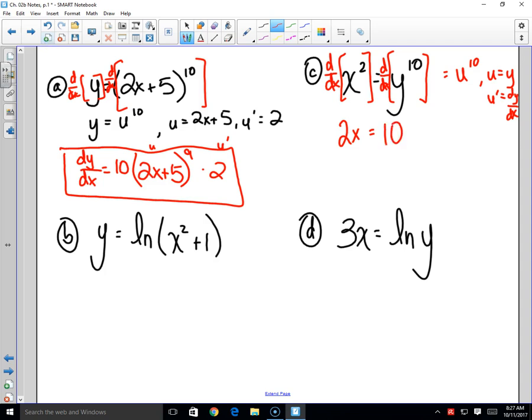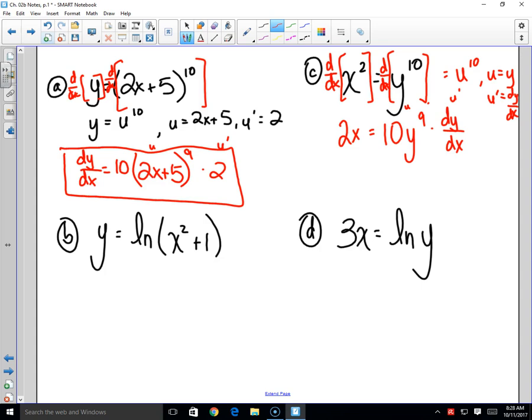So 10 u to the 9th times u prime. This is my u, and this is my u prime, just like we did over there. So it's 10 u, which is y, to the 9th times u prime. Do you see it?